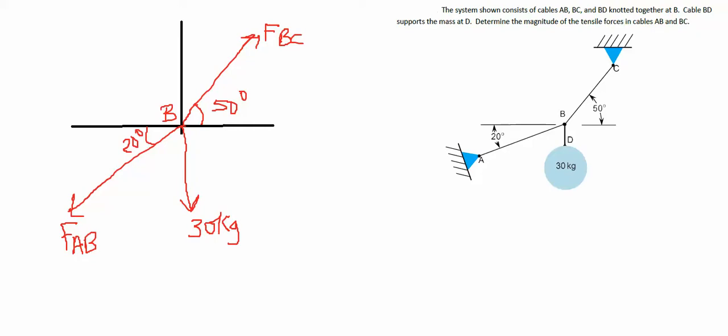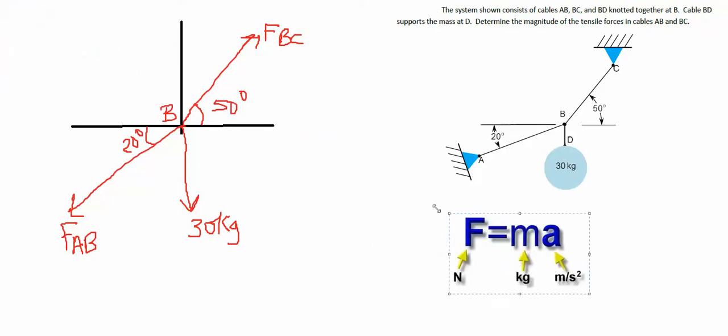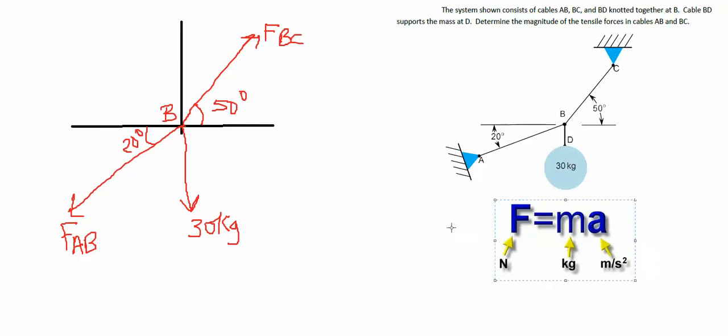Well, how can we change 30 kilograms to a force? Because 30 kilograms is a mass. We're going to need to use the equation F equals ma, where F is in newtons, your mass is in kilograms, and your acceleration is in meters per second squared. So here we have F equals ma.